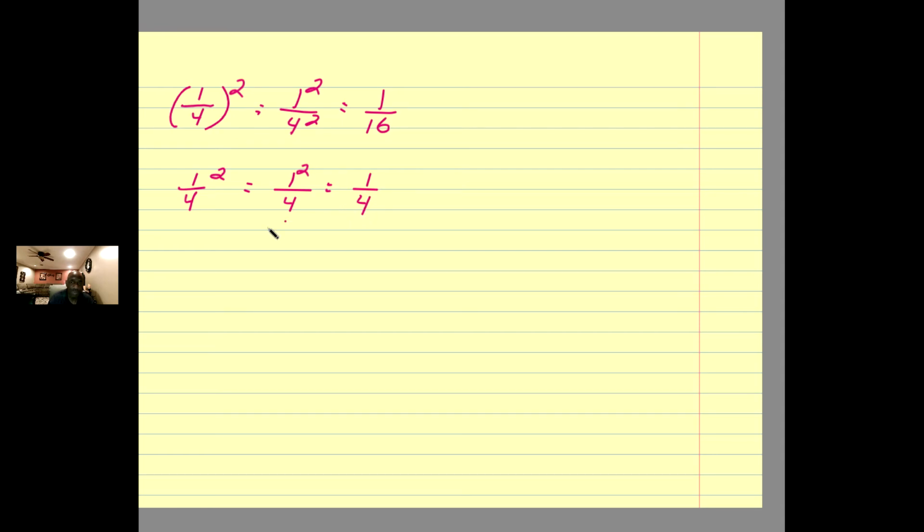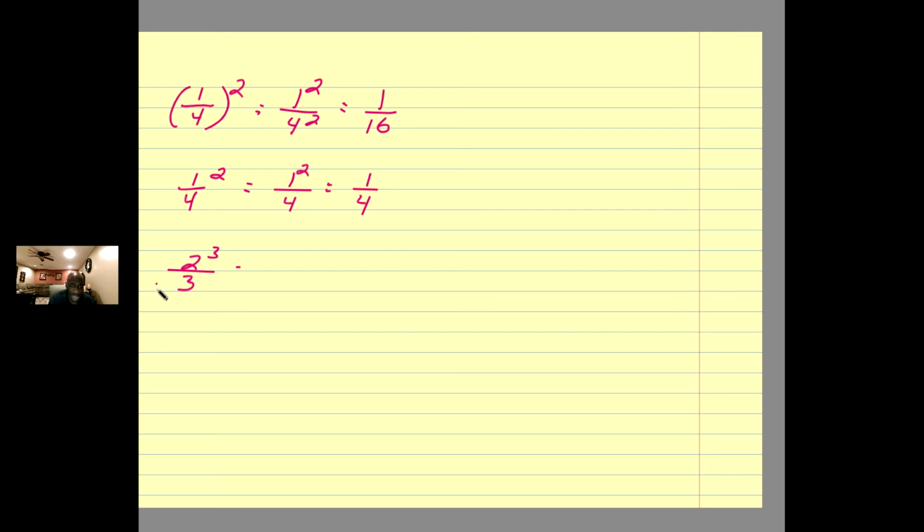Okay, let me do that again. Suppose I have, again, a number like 2/3, and I have a raised to the third power right here. Well, that third power only applies to the 2, not to the denominator.